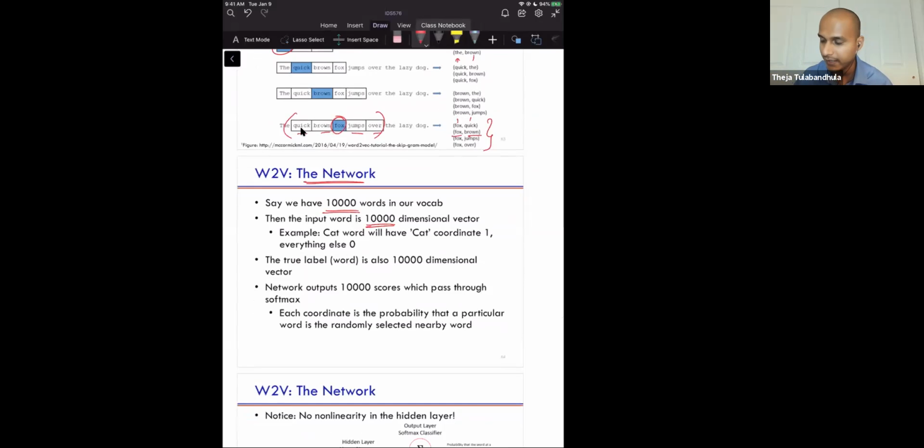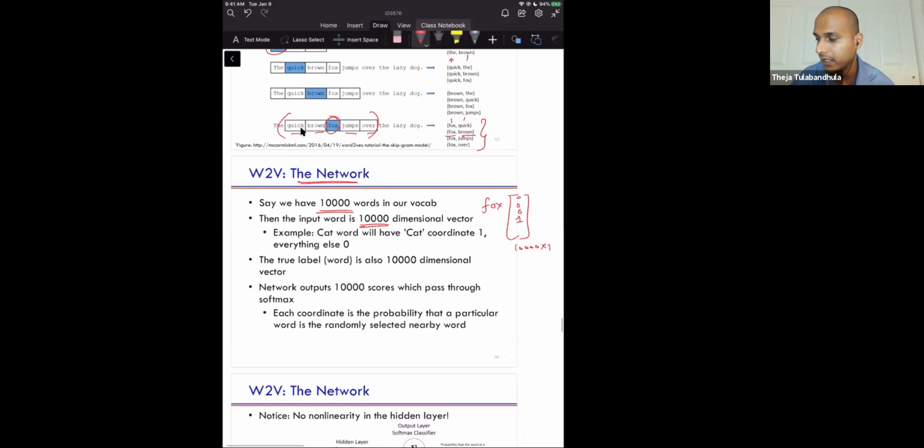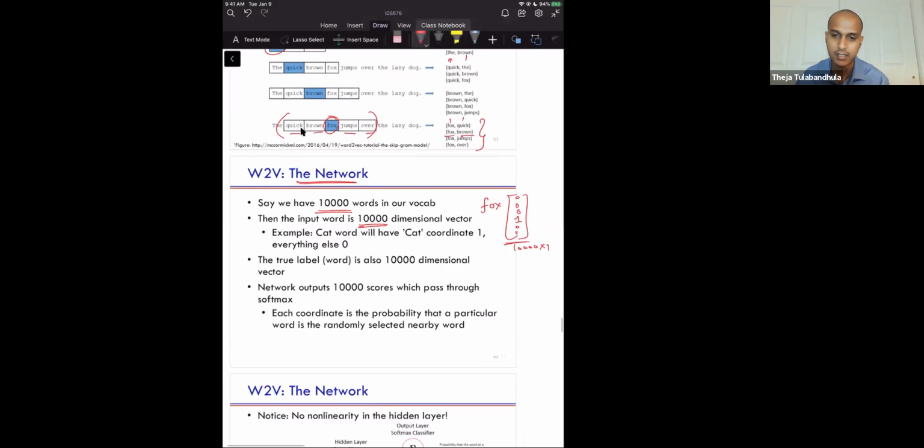Although we don't need that interpretation, think of how to pass the word fox: I have 10,000 words, so let there be a 1 somewhere and zeros everywhere else. That's a one-hot representation for fox. But we don't really care about this. This is not our embedding itself. We care about W, and I'm going to tell how W is related to this initial one-hot representation.